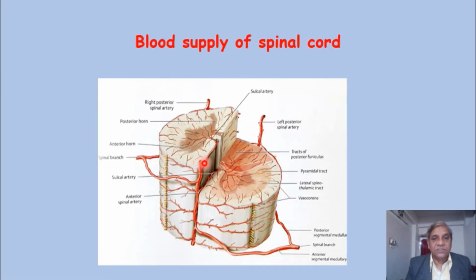See, this is the anterior spinal artery, and segmental arteries will come and join this anterior spinal artery from the right as well as the left side. These are the two posterior spinal arteries, and they will also be joined by the posterior radicular arteries. This is the anterior radicular artery. In this way, the long spinal cord of 45 centimeters is supplied by blood.